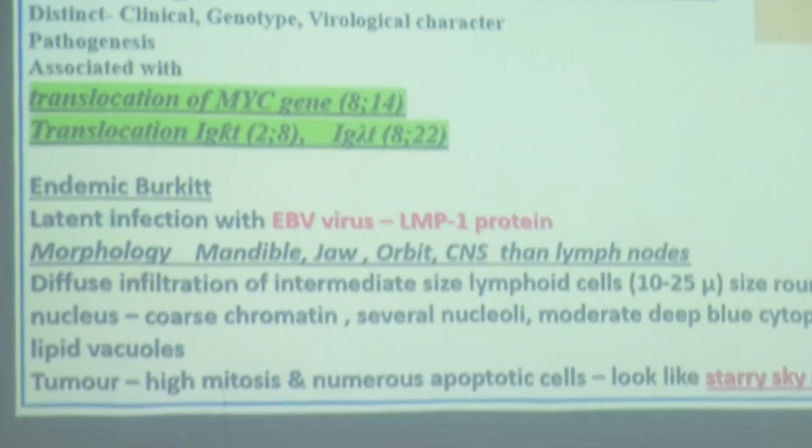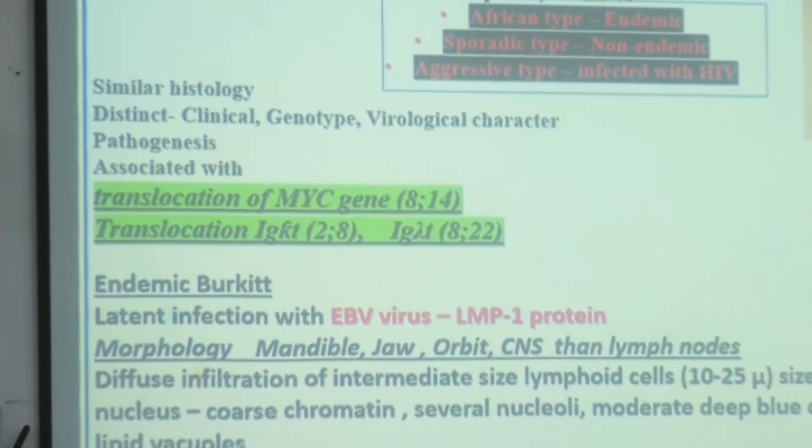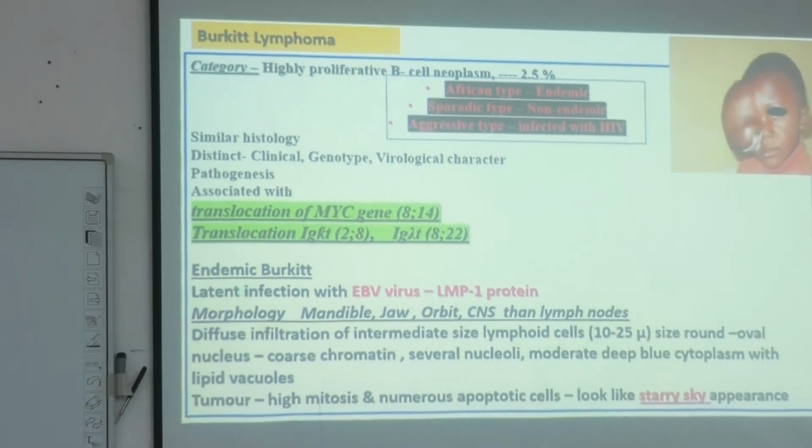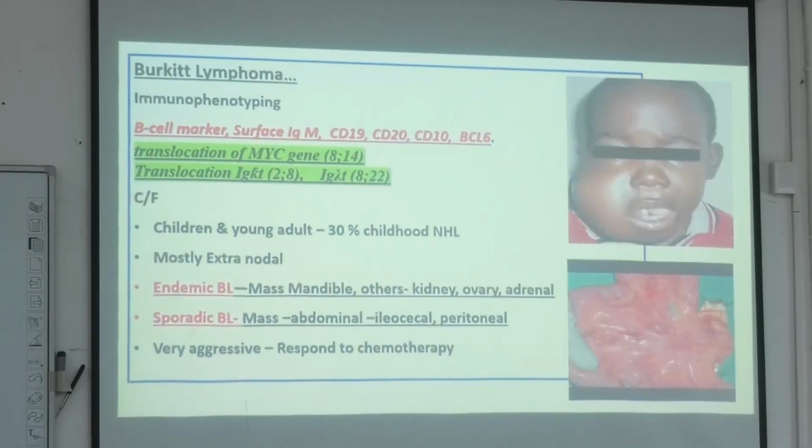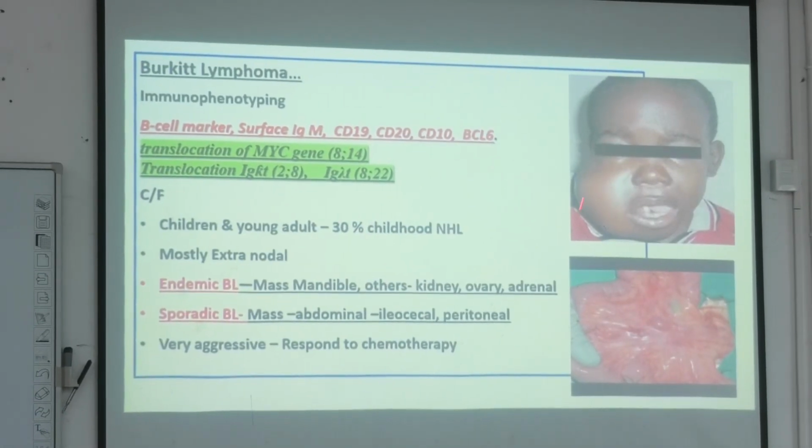So L3 type cells are Burkitt-like cells. That's why you have to know what Burkitt lymphoma is. The cells are similar. See this. In the endemic type, the maxilla, mandible, eye and CNS can be affected, usually in children. But in the sporadic type, the lymph nodes, the abdominal lymph nodes, are affected.